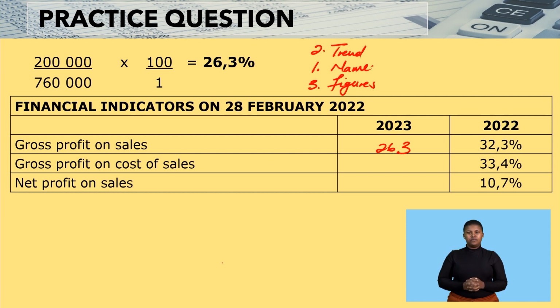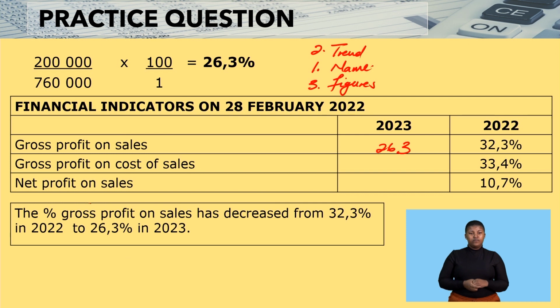We will start with the name. And we will say the gross profit on sales has decreased. You can see in 2022, it was 32.3, so it has decreased.